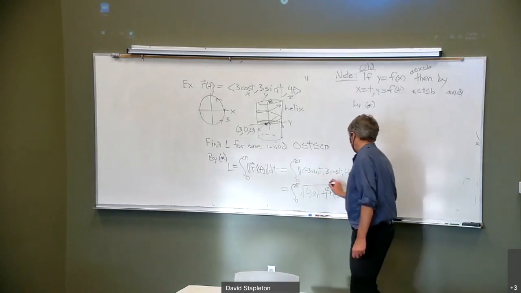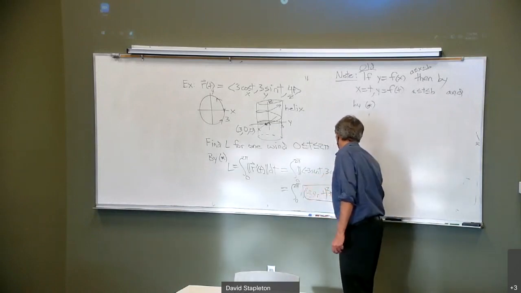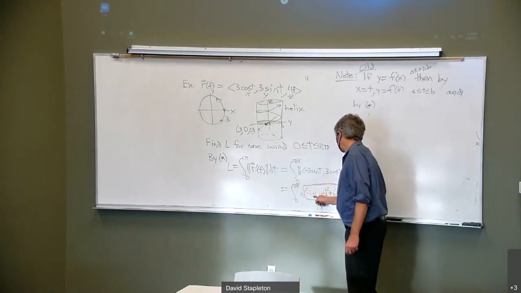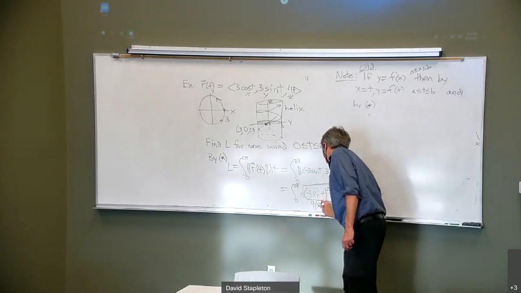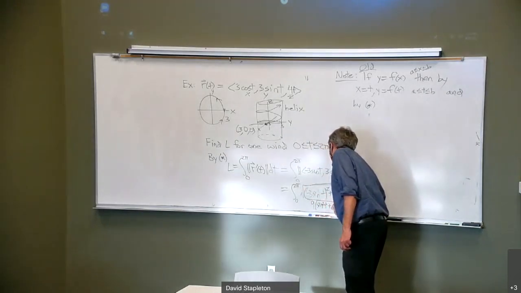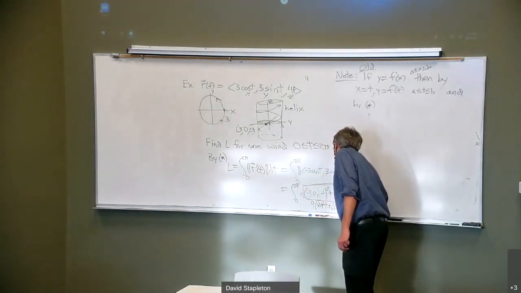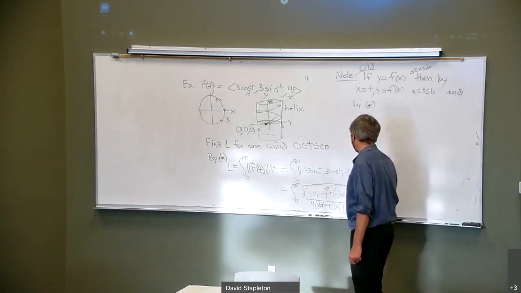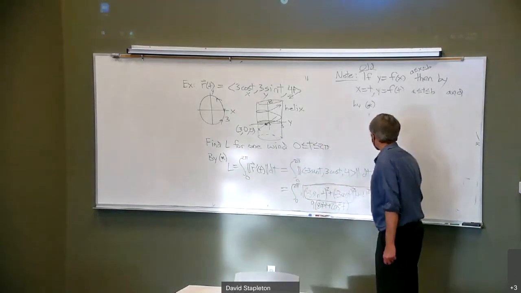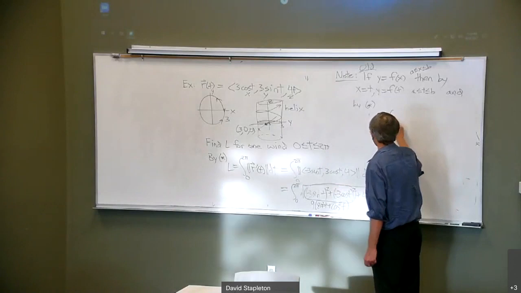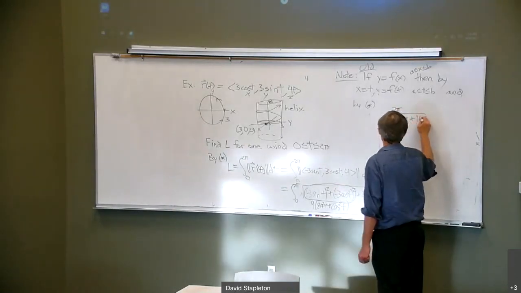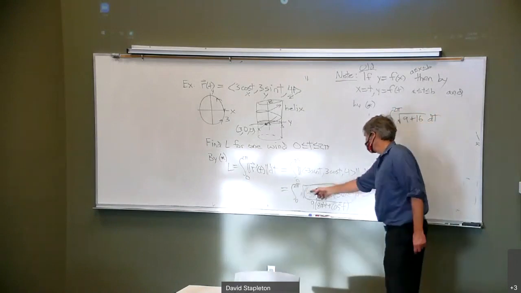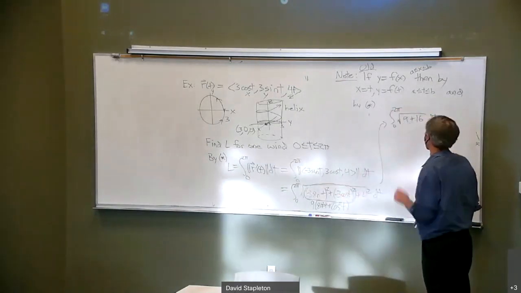But what is this? 9 sine squared plus 9 cosine squared, or 9 times sine squared plus cosine squared, but sine squared plus cosine squared is 1. This whole thing is just 9. So what we have here is the integral from 0 to 2 pi of the square root of 9 plus 16 dt.